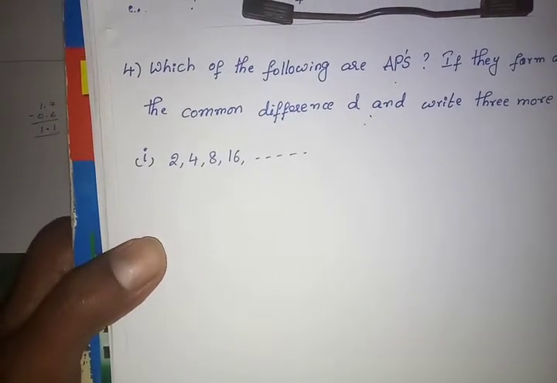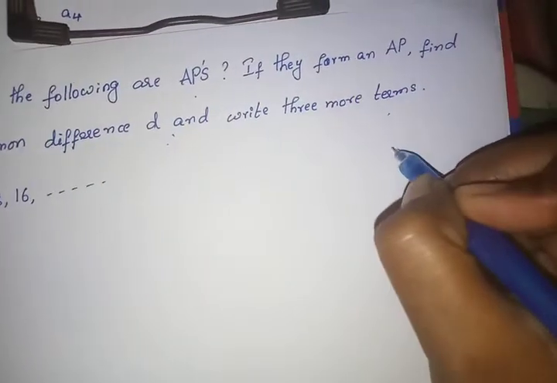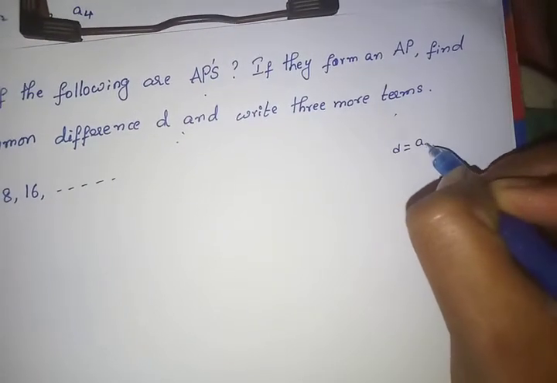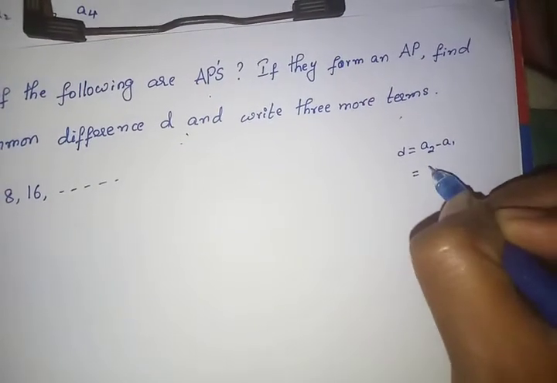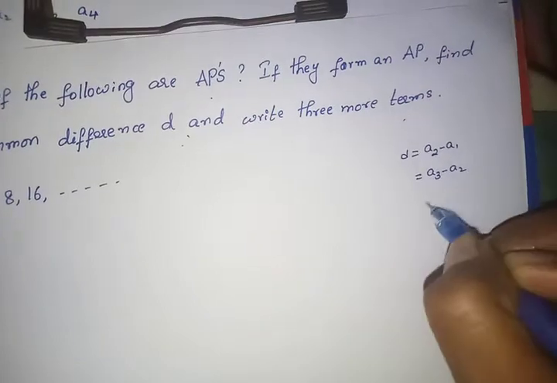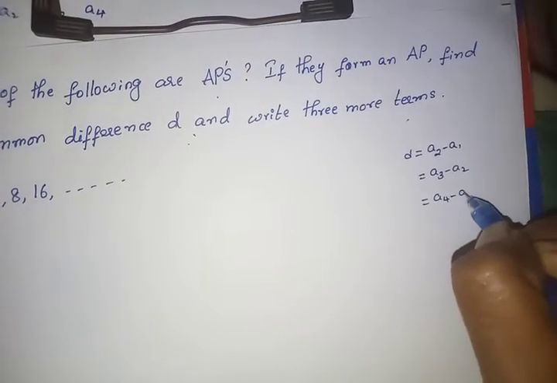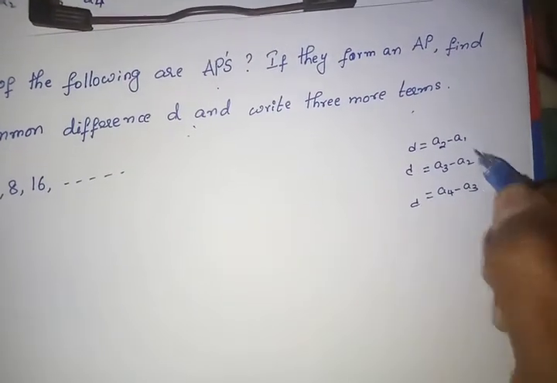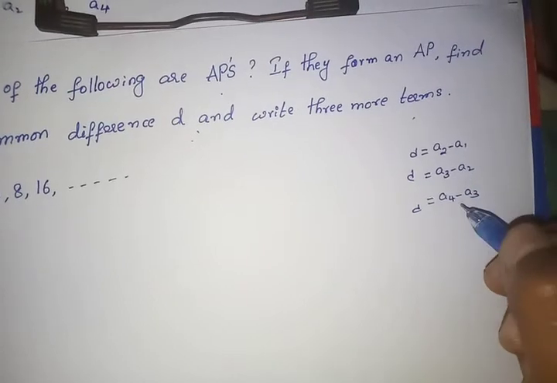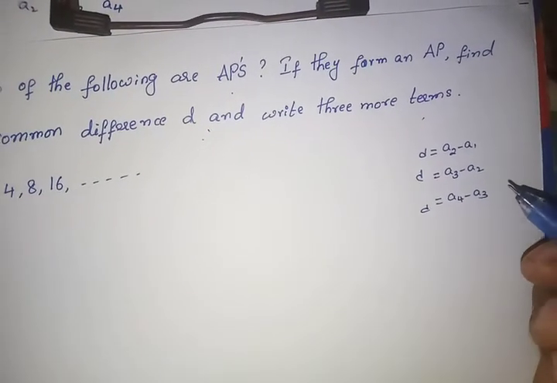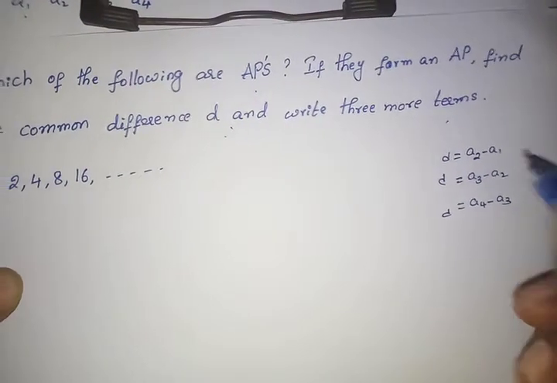For checking it, what do we know? d equals what? a2 minus a1 equals a3 minus a2 equals a4 minus a3. All are d only, no. If you check this, if all are equal, then what can we say? This is in AP.